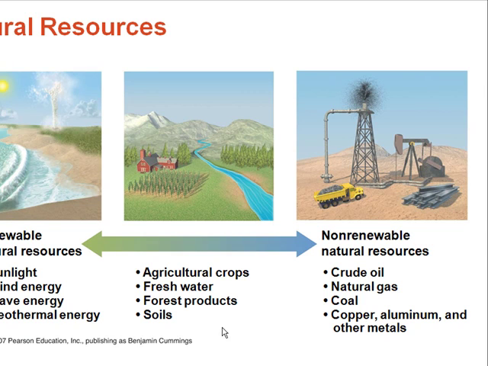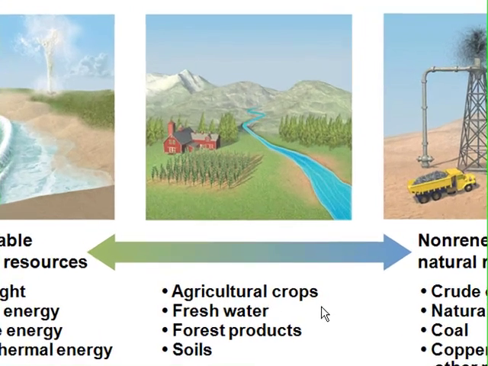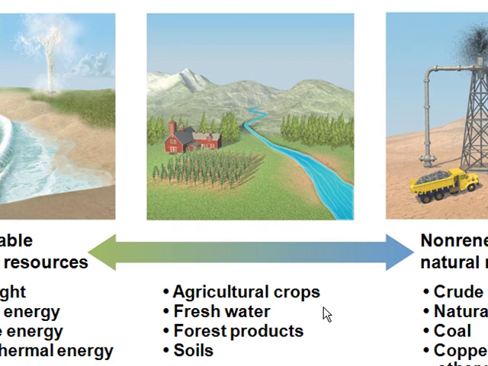In the middle is a group that includes agricultural crops, fresh water, forest products, and soils that we could call potentially renewable. If we use them carefully, if we conserve them as we use them, they are renewable. But we can overuse them and deplete them.